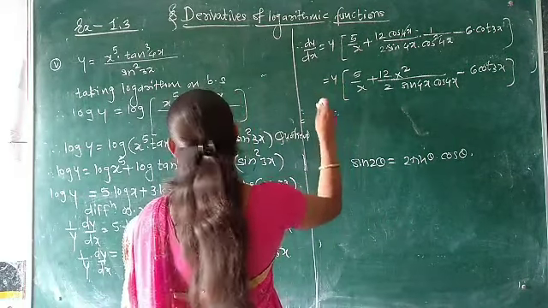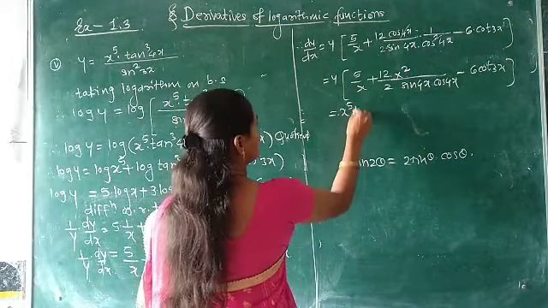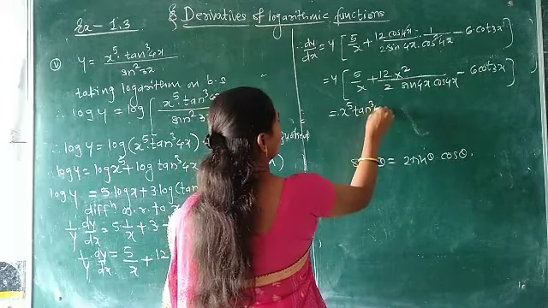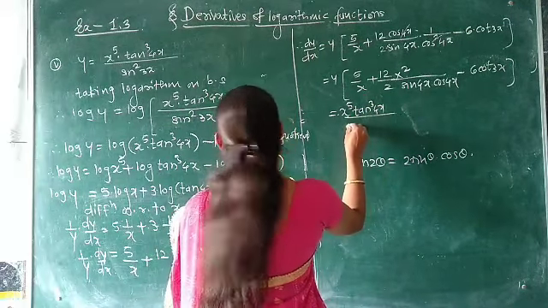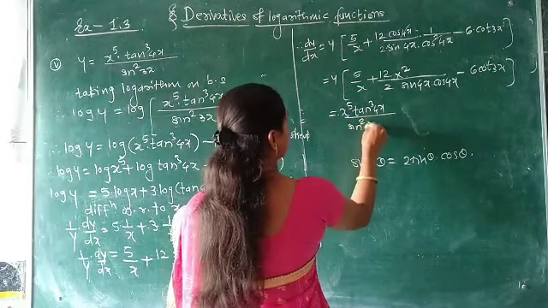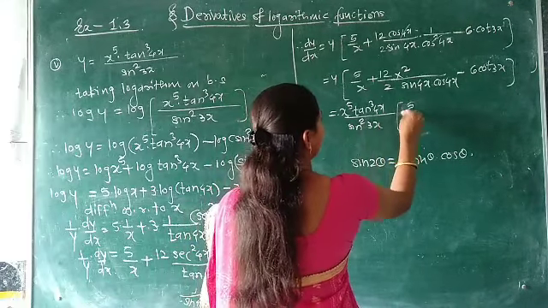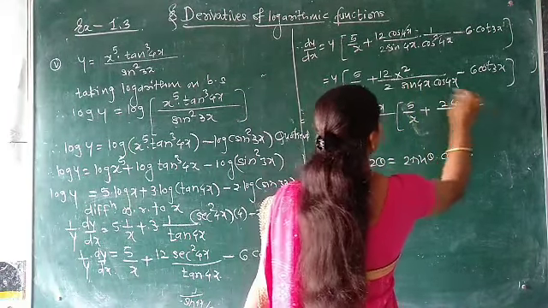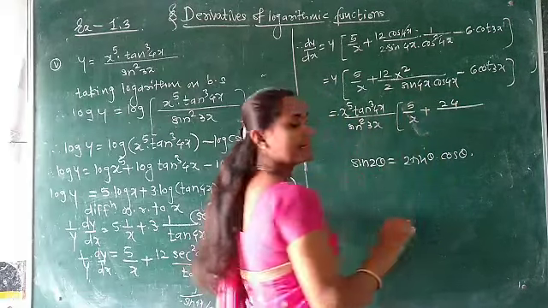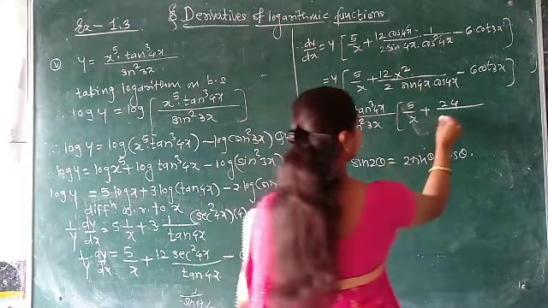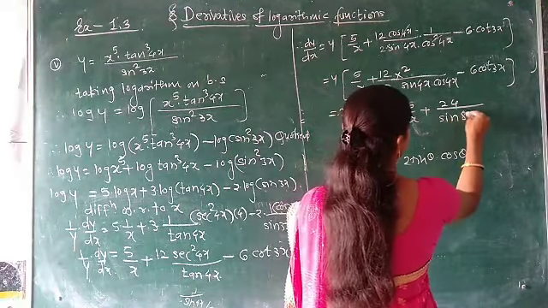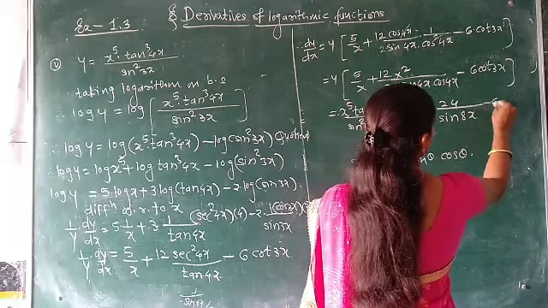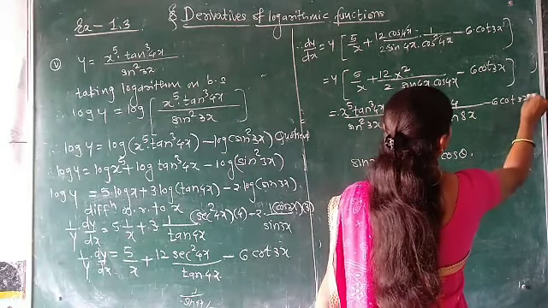Now use the value of y, x raised to 5 into tan cube 4x divided by sin square of 3x. 5 upon x plus 12 into 2 is 24, and 2 sin 4x into cos 4x is sin 2 into 4x, that is sin 8x, minus 6 cot 3x.